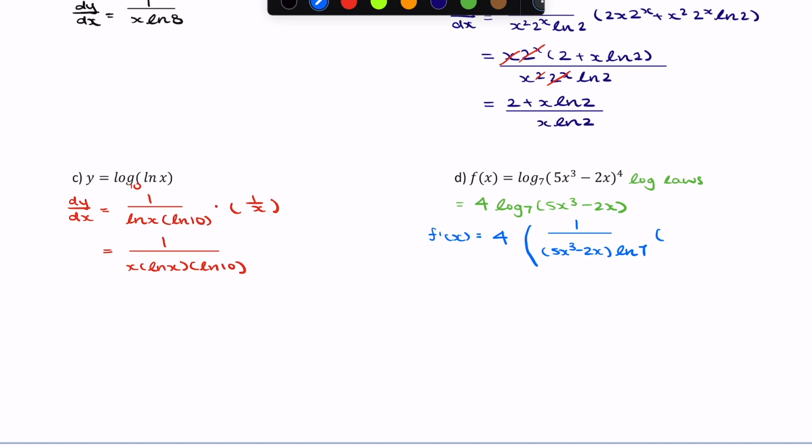So the derivative of 5x cubed minus 2x gives us 15x squared minus 2. Okay, and let's simplify this. So here we'll have 4 times 15x squared minus 2 over x. So we'll factor out the x, 5x squared minus 2, ln 7.